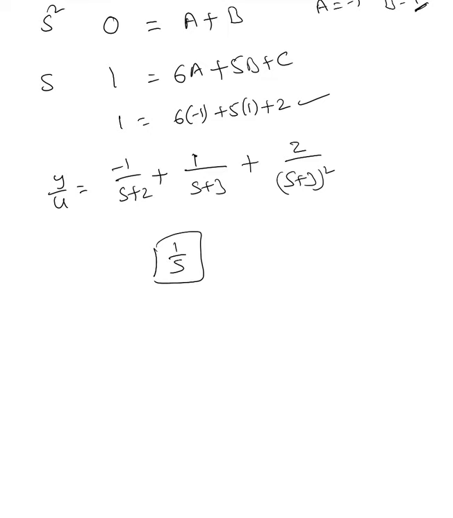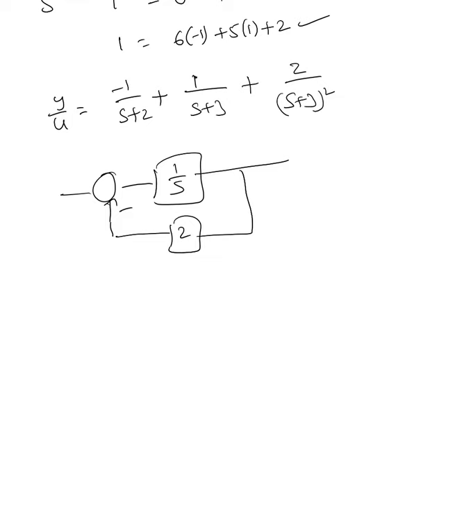Here is 1 over s. So here it's 1 over s, and I have a plus, so basically this must be minus here. And 1 over s plus 3, same thing there.